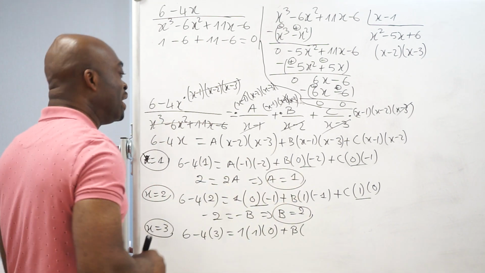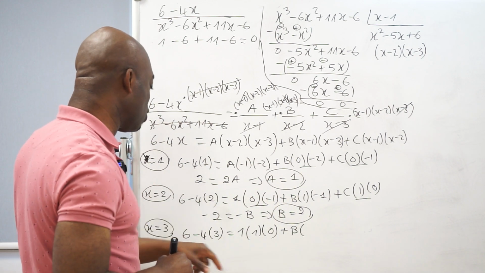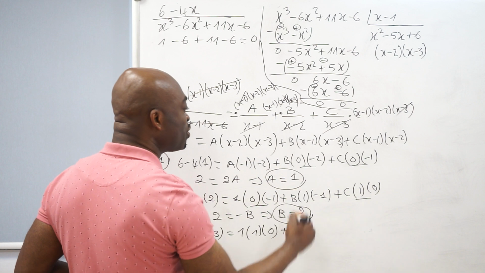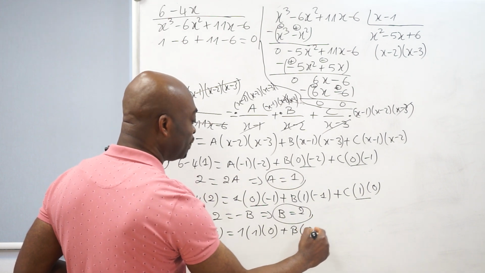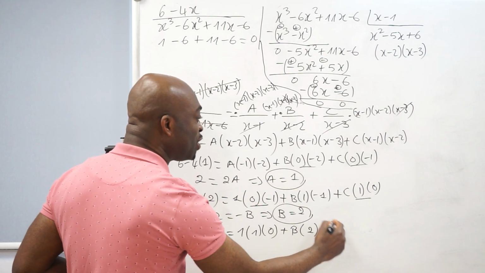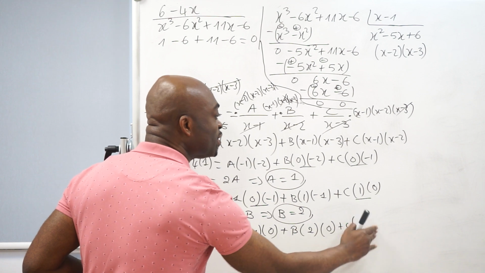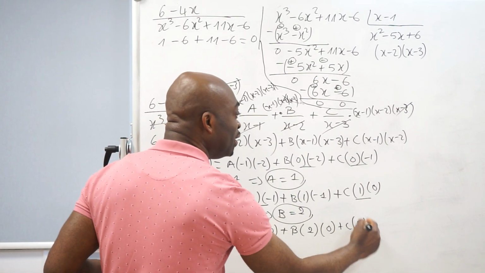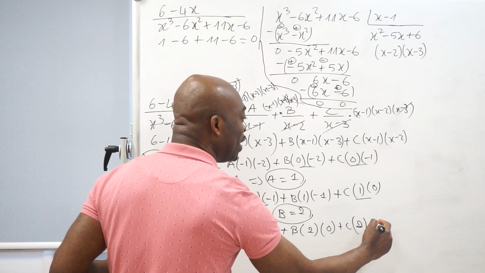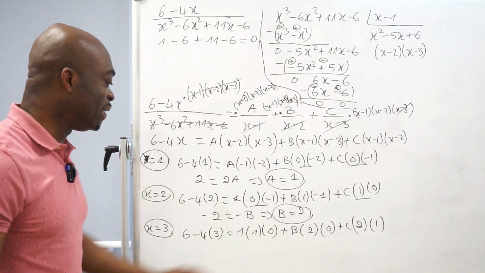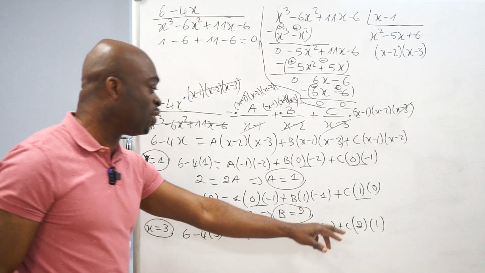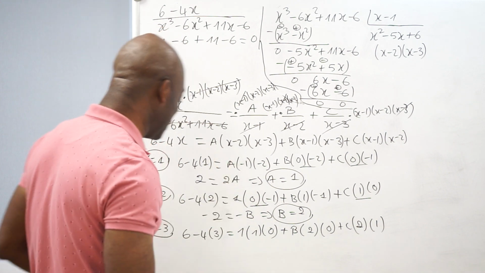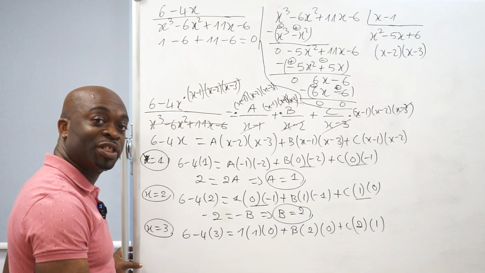So x minus 1 is what? x is equal to 3, so it's 3 minus 1, which is 2, and then 3 minus 2, which is 0. And then plus c, so you have 3 minus 1, which is 2, and then 3 minus 2, which is 1. Okay? So then what's going to happen? This one is again 0. This one again is 0. And 2 times 1 is 2. So you have 2c.